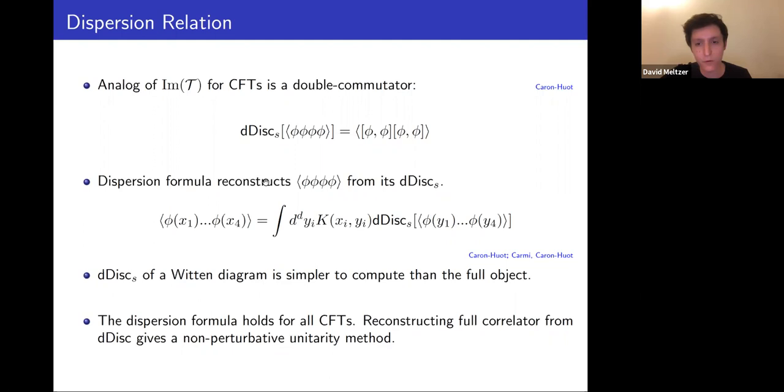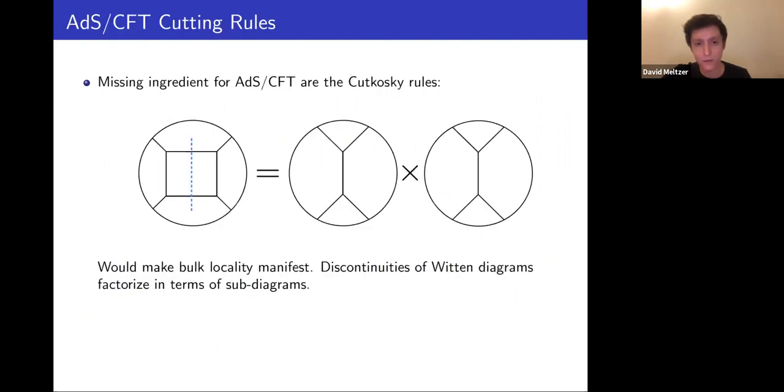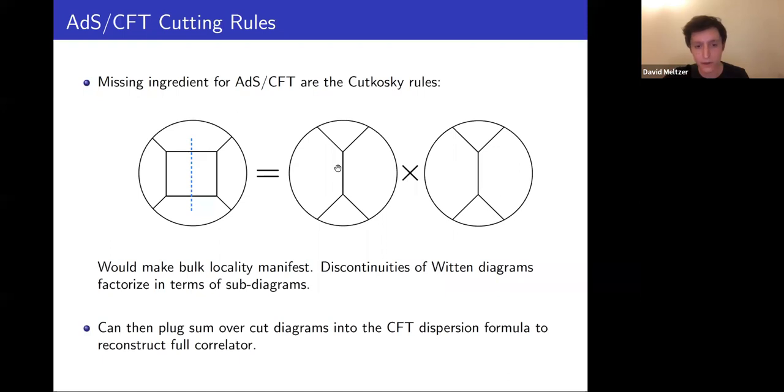But for AdS CFT, the missing ingredients are the Cutkosky rules. So we want a way of cutting our box diagram so that it factorizes in terms of two on-shell tree diagrams. And this will make manifest bulk locality, that discontinuities of Witten diagrams factorize in terms of subdiagrams. And then, of course, we can take our sum over cut diagrams and plug them into the CFT dispersion formula to reconstruct the full correlator.